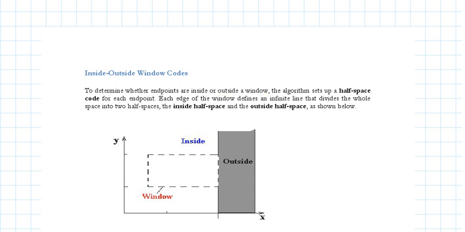The algorithm actually sets up a half space code for each endpoint. Each edge of the window defines an infinite line that divides the whole space into two half spaces, the inside half space and outside half space, as shown below.